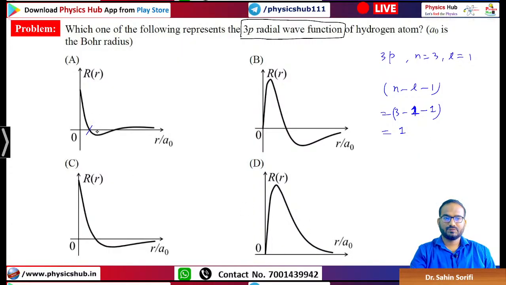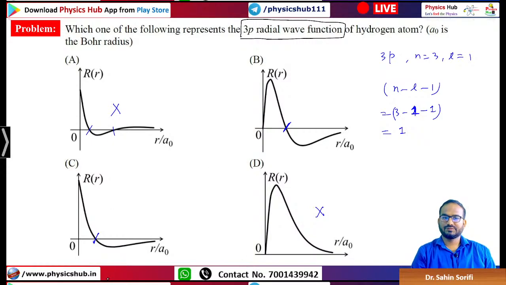So here it is 2 nodes, so this option is discarded. Now here we have one node, here we have one node, and there is no node here, so this is also not correct. So out of these two we have to select.